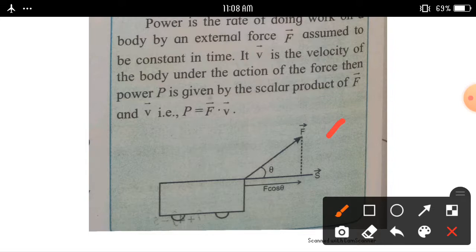This is the force and this is the displacement, and the angle between them is theta. According to the definition, work done by a force is the product of force and displacement in the direction of force. Therefore W is equal to Fs cos theta.